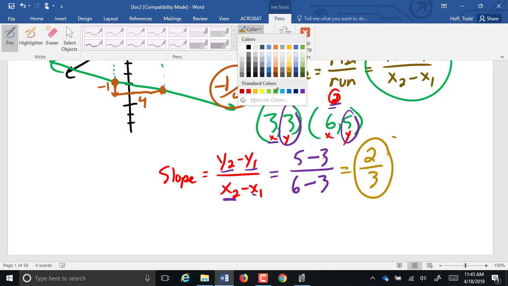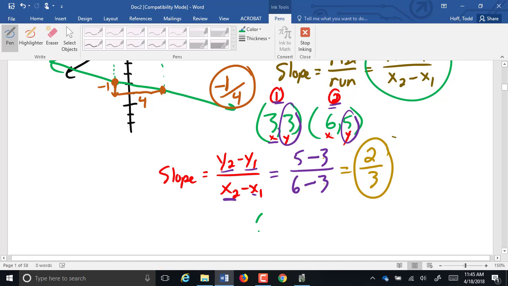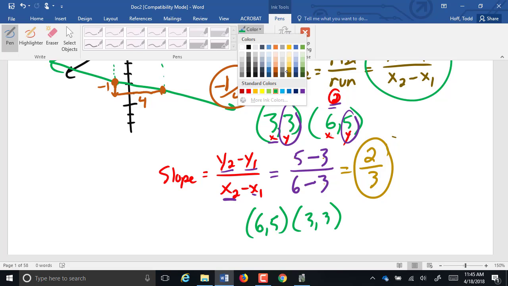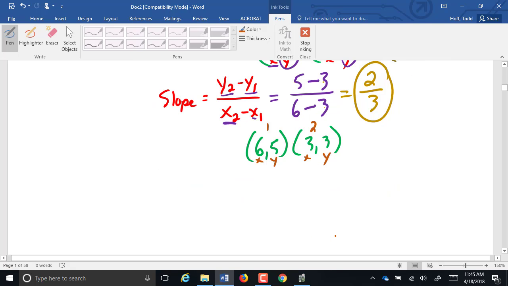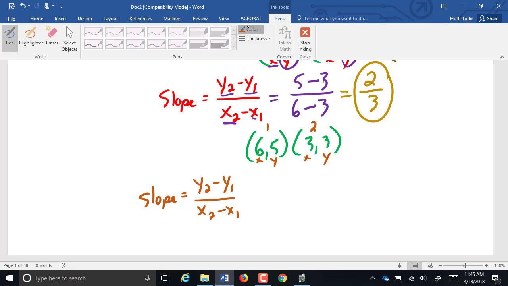Well, what if we switch that around? We chose 6, 5 to be point 1 and 3, 3 to be point 2. Well, there's still the x and y coordinates within each. And our slope is still going to be y2 minus y1 over x2 minus x1.